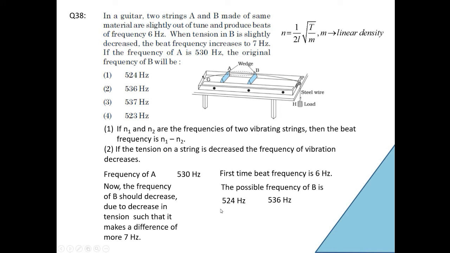Therefore, this has to be the correct answer. We have to decrease the frequency only slightly, it should not decrease drastically. If that be the case, from 524 to 523 you get 7 Hertz. So the correct answer is 524 Hertz.